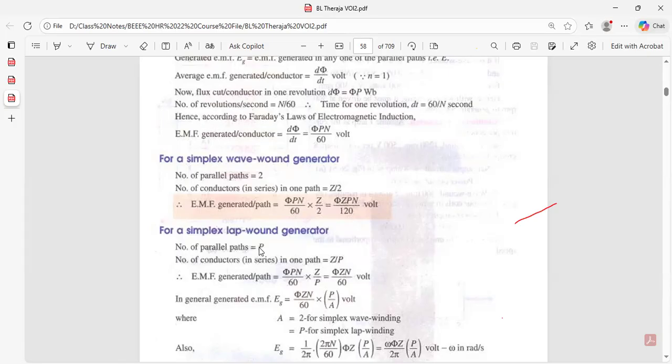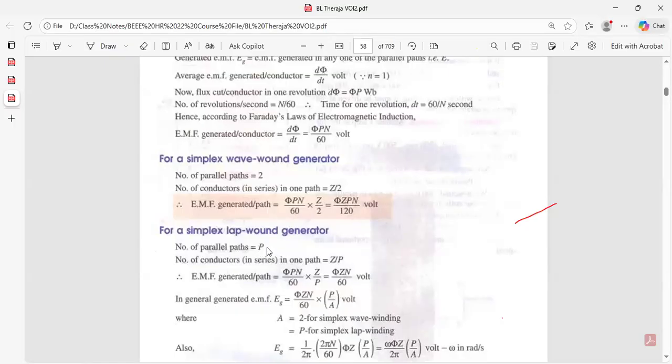Suppose if you are having 2 poles in the generator, what is the number of parallel paths? Are you listening? Can anyone respond? Suppose the number of poles in the DC generator is 10.